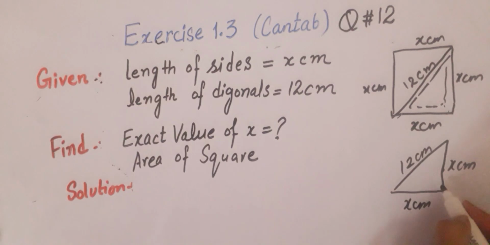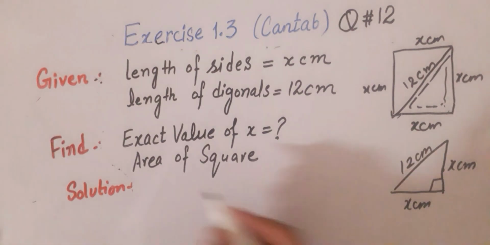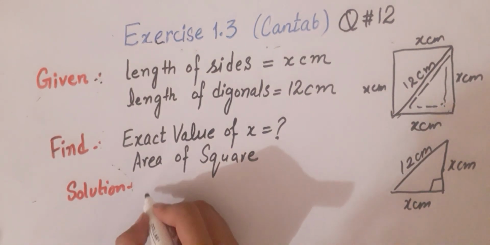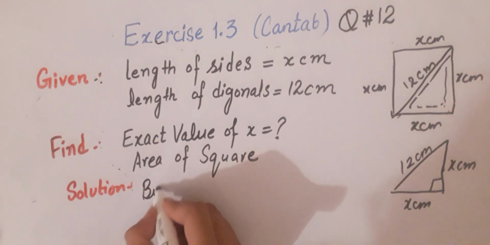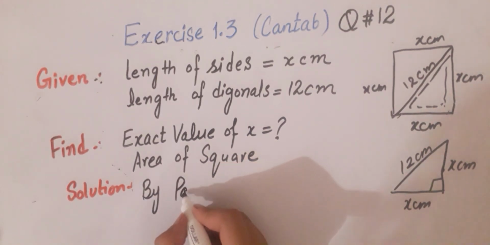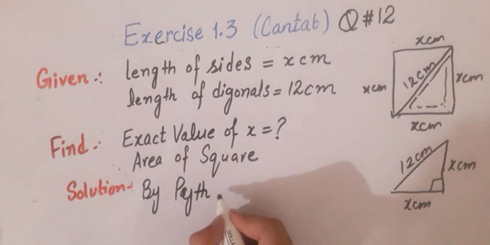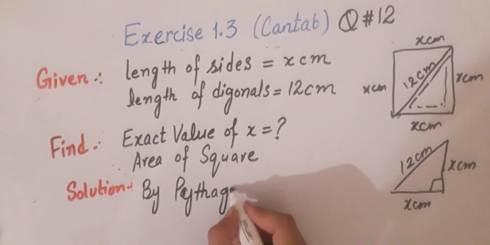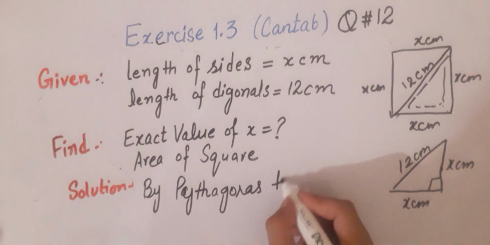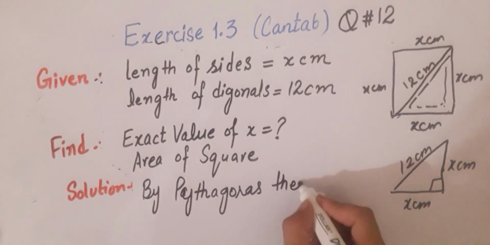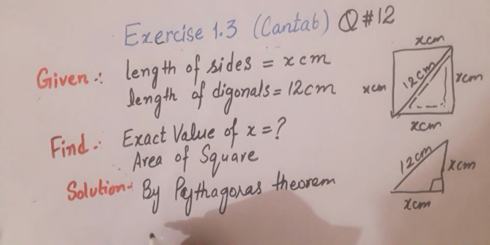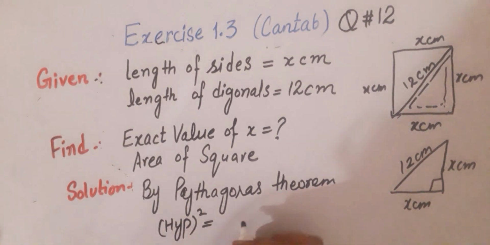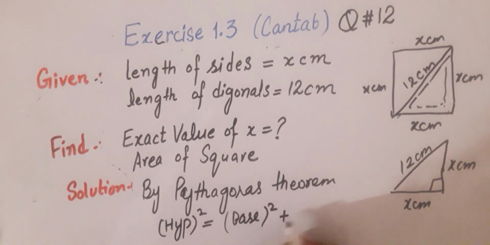Now we will apply Pythagoras theorem. We have hypotenuse square is equal to base square plus perpendicular square.